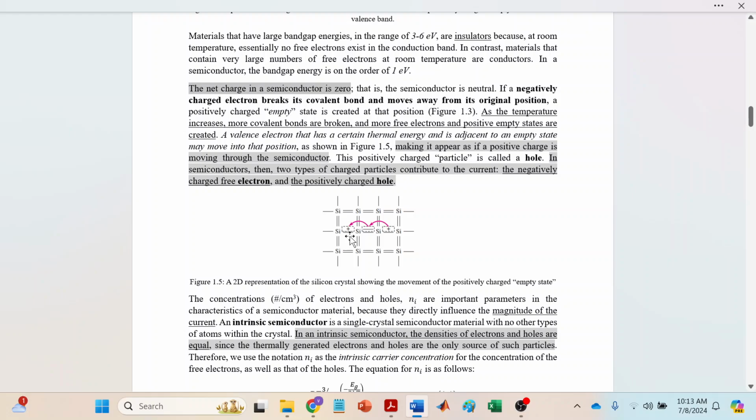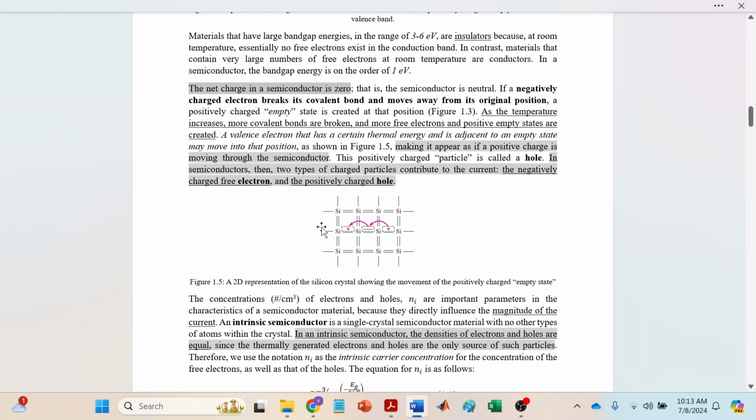That empty state is a positive empty state, given that the net charge in the semiconductor is 0. A valence electron that has a certain thermal energy and is adjacent to an empty state can move to that empty state, making it appear as if a positive charge is moving through the semiconductor, because that empty state is essentially a positive charge. That positive charge is called a hole.